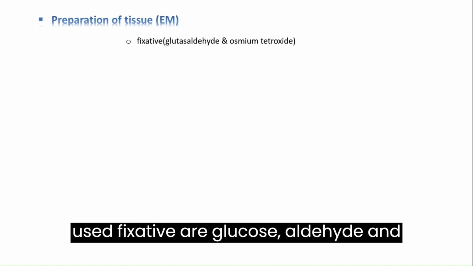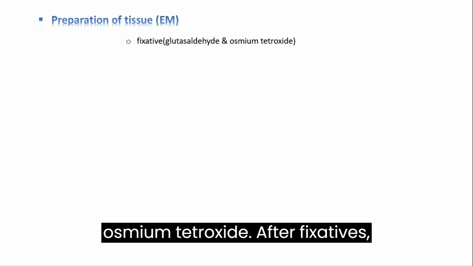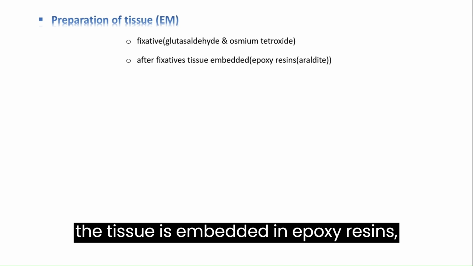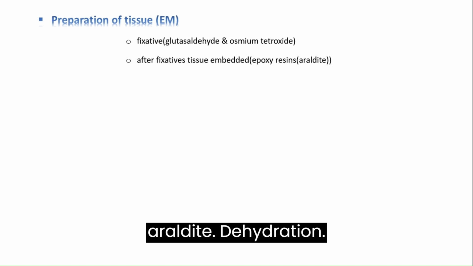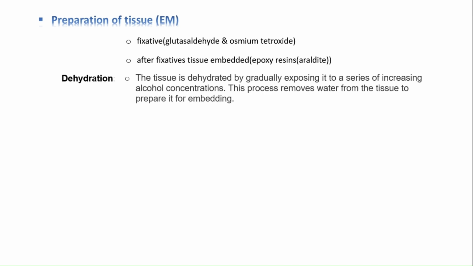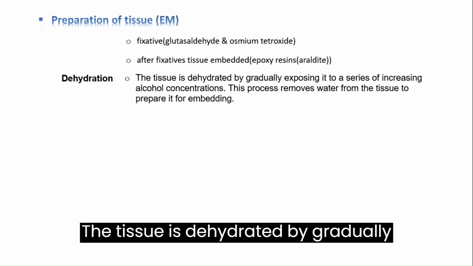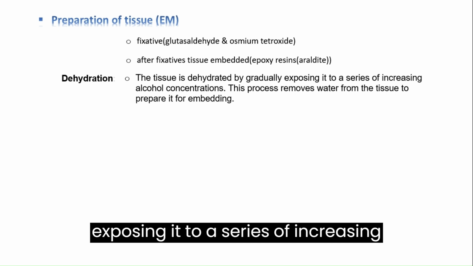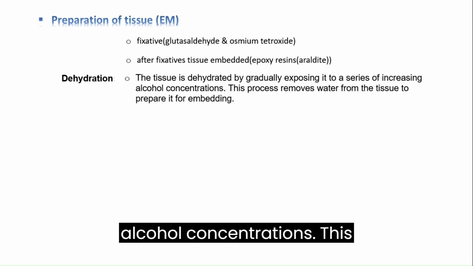Preparation of tissue for EM. For the electron microscope, the commonly used fixatives are glutaraldehyde and osmium tetroxide. After fixation, the tissue is embedded in epoxy resins, araldite. Dehydration. The tissue is dehydrated by gradually exposing it to a series of increasing alcohol concentrations.